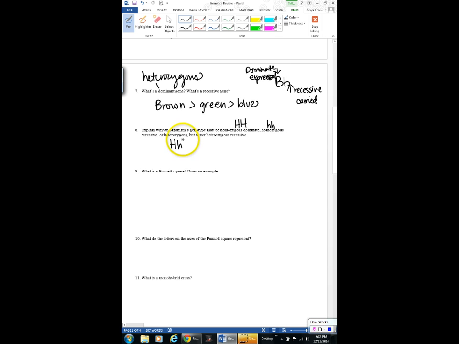Well, because this big H is always going to trump this little one, there never can be a heterozygous recessive. Hetero means different, and if they're different, this letter is always going to trump that one, which is going to be dominant. So the only way you can have something that's recessive is with two of the lowercase letters.